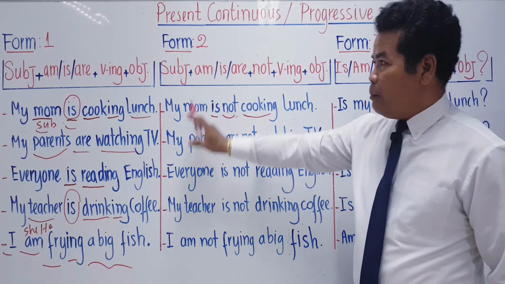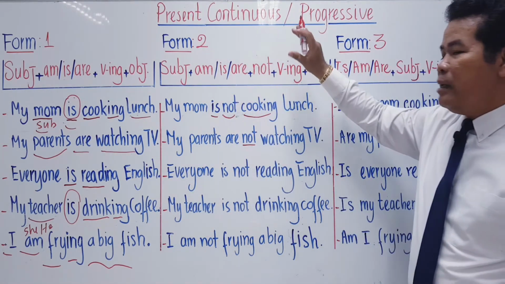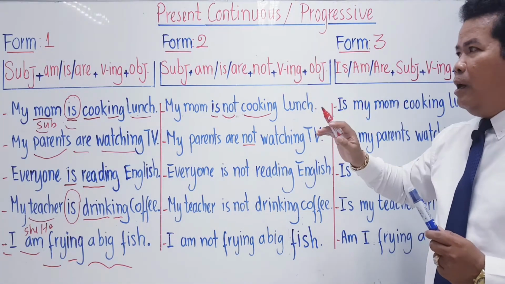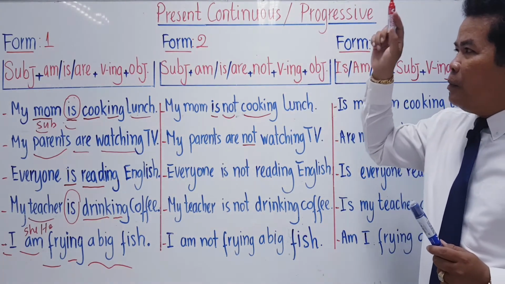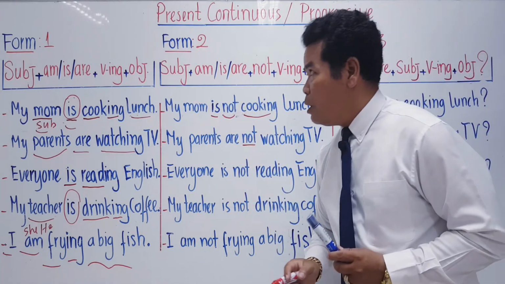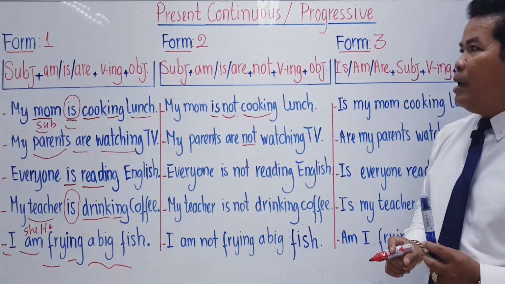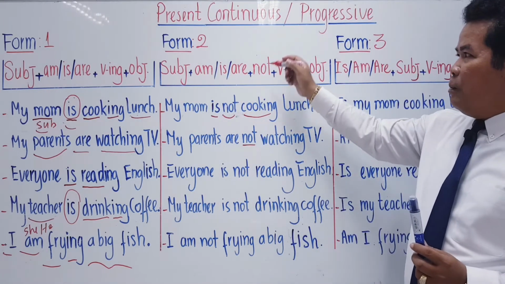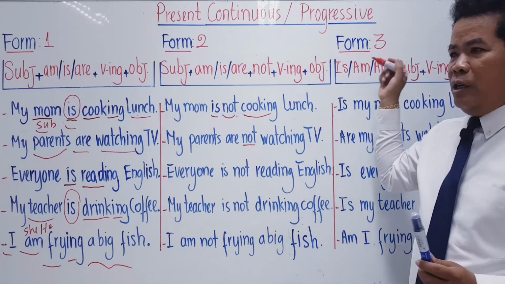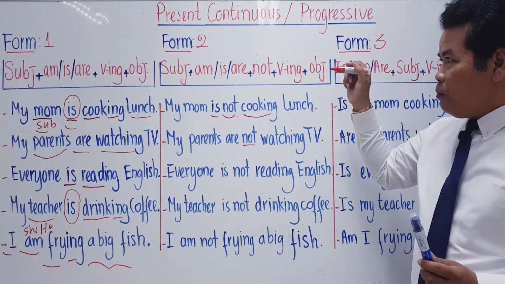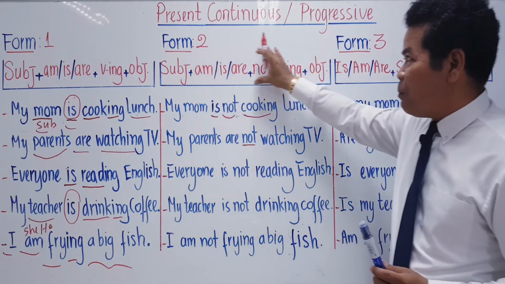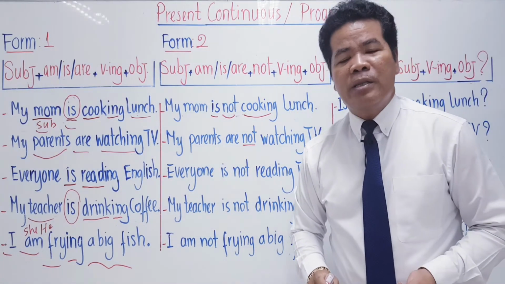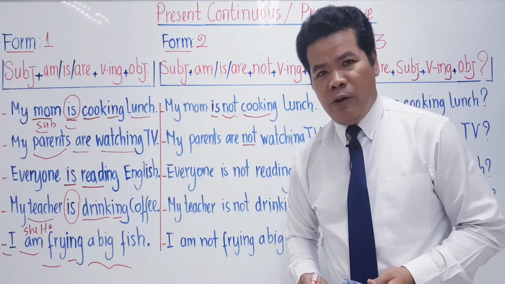So form number 2 is called the negative sentence of the present continuous. We make the negative form of present continuous, or present progressive, by using subject plus the part of verb to be plus not plus verb plus ing. In case we don't have one part of them, it is not called the present continuous negative form.